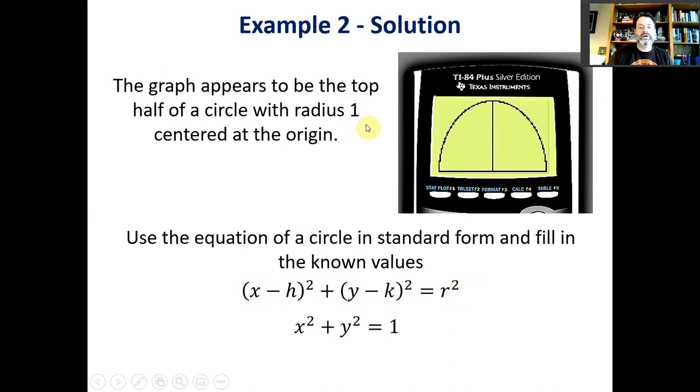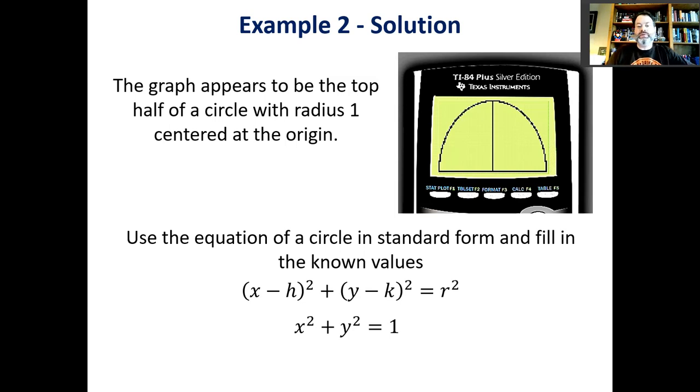So here, the radius is 1, so 1 squared is 1. And it's centered at the origin, so h and k are both 0, so you just get x squared plus y squared equals 1. So we're done, basically. We eliminated the parameter. It's a half of a circle.